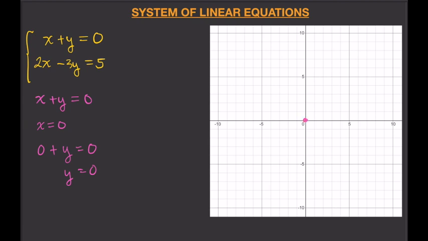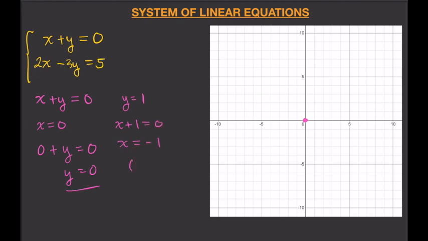Now the second point would be to set y equals 0, but we cannot do that since we already have y equals 0, so we need another point. Let's try y equals 1 and solve for x. Then x plus 1 equals 0, and solving for x, we get x equals -1.